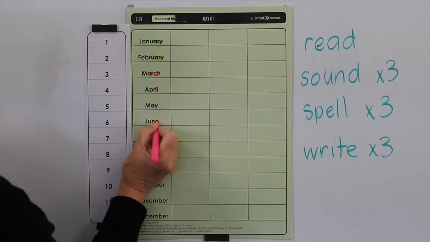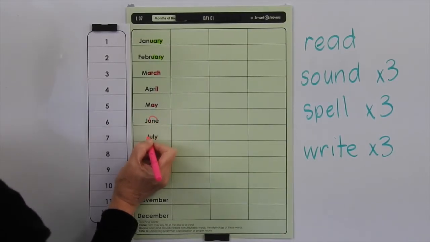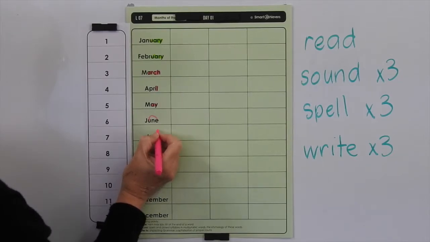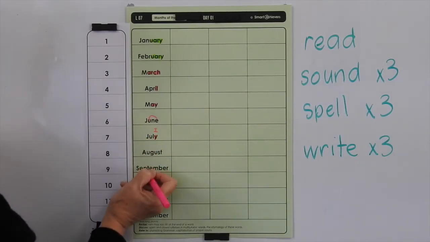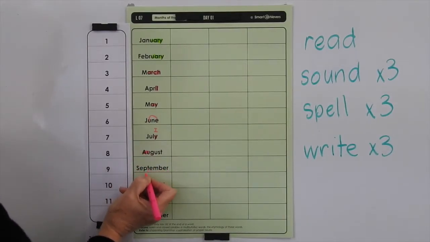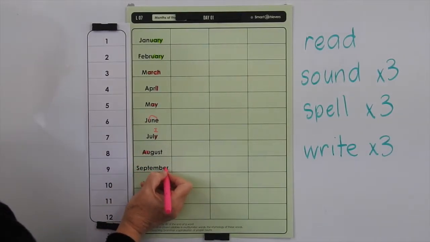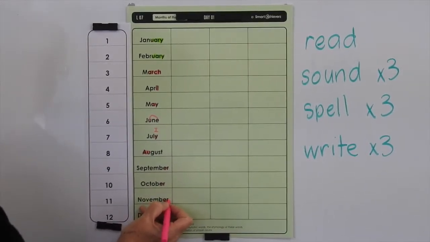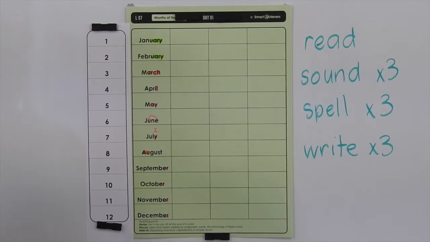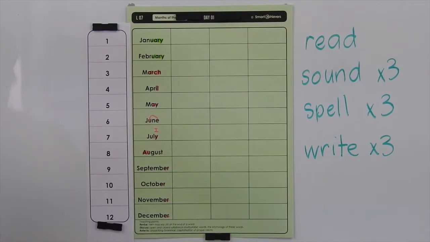June, we've got the E making the previous U make its long sound. July, we've got that Y at the end making the long I sound. August, we've got that OR sound at the start. September, October, November, December, we've got that sound at the end of all of those.